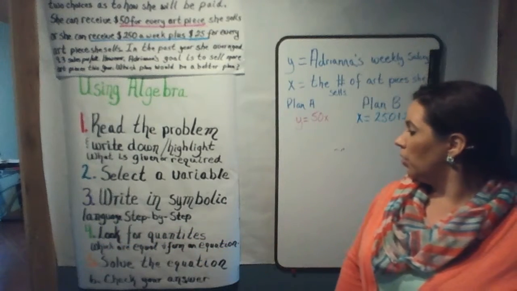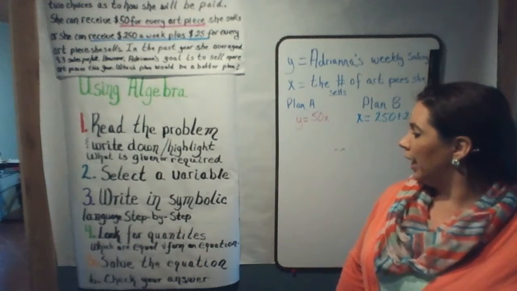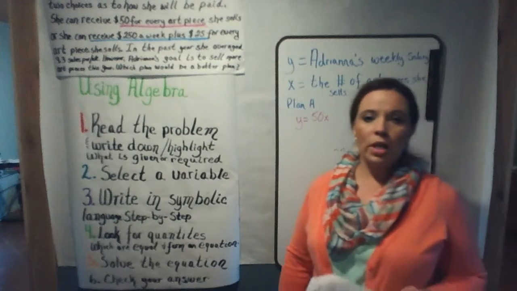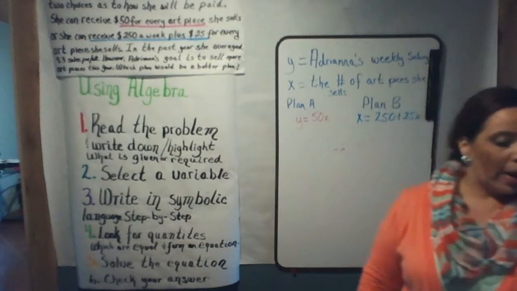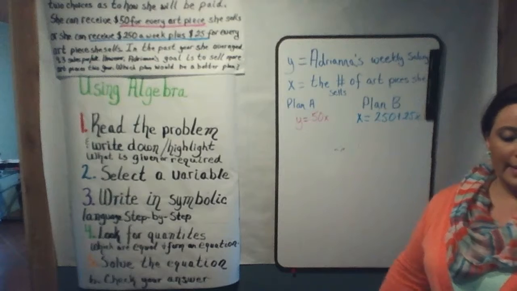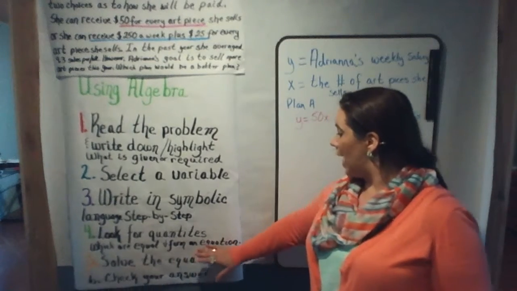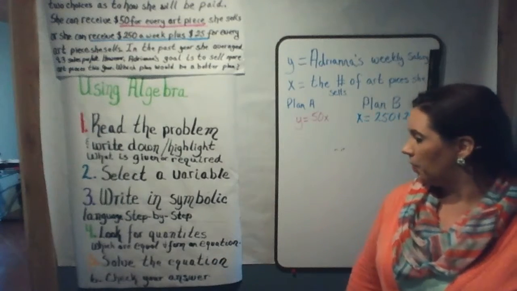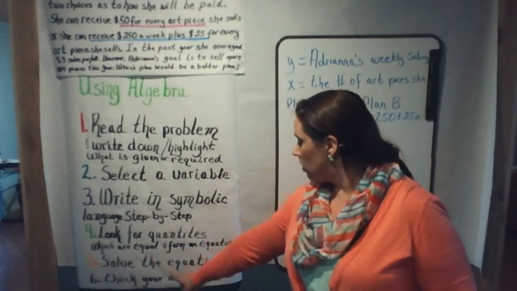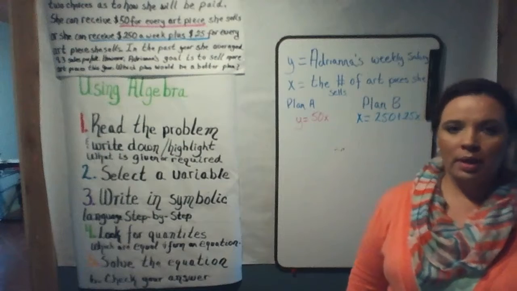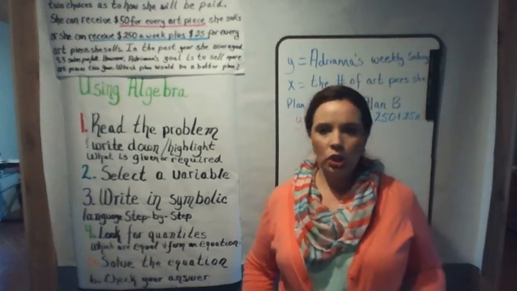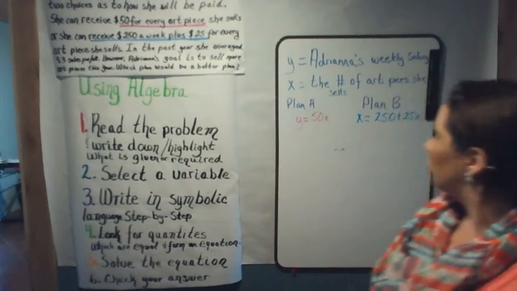Step 4, look for quantities which are equal and form an equation. Now, an equation, if you look on your notes, is a number sentence with an equal sign. An equation has to have an equal sign. Step 5, solve the equation. And then step 6 is check your answer.